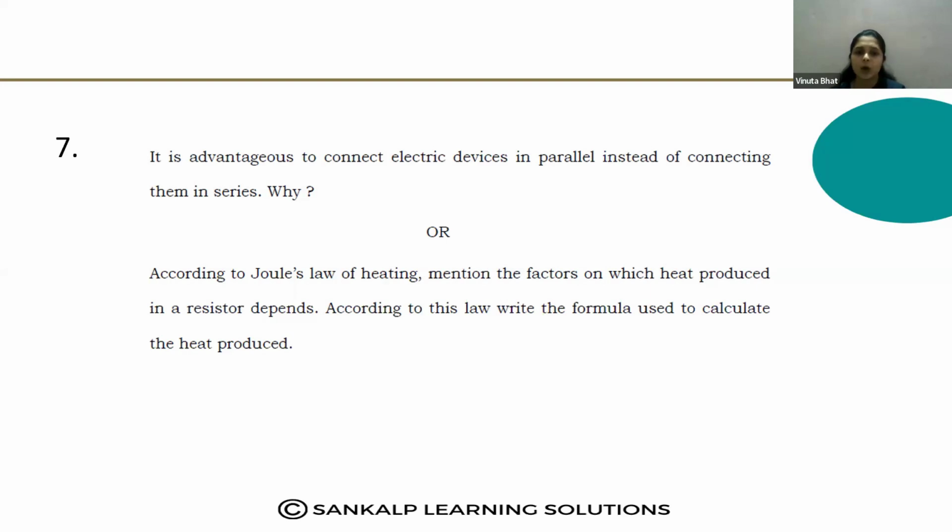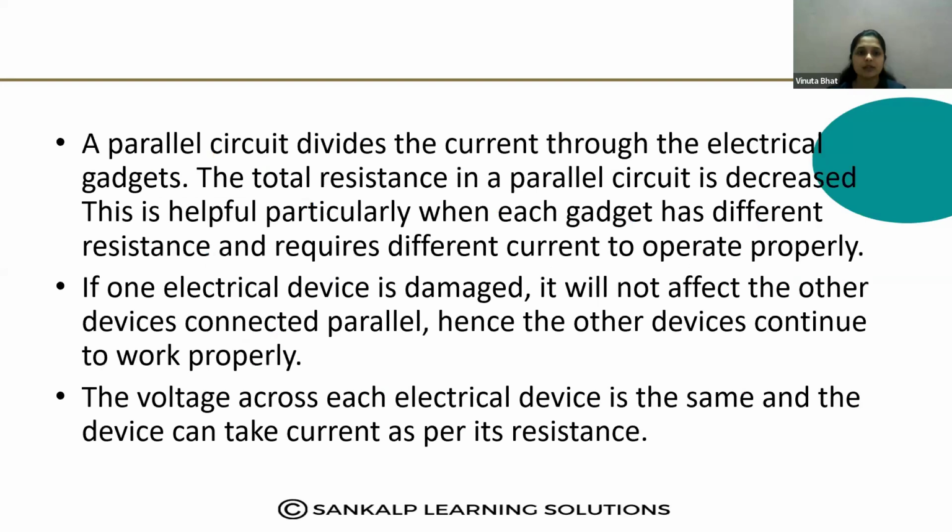Next question. According to Joule's law of heating, mention the factors on which heat produced in a resistor depends. According to this law, write the formula used to calculate the heat produced. Okay, please note down the question.